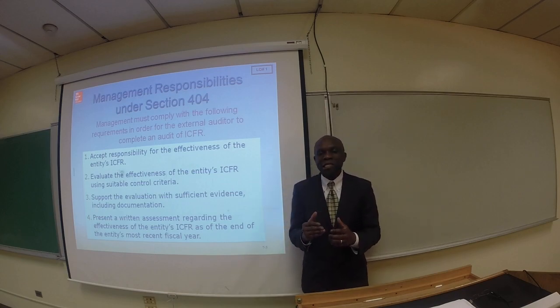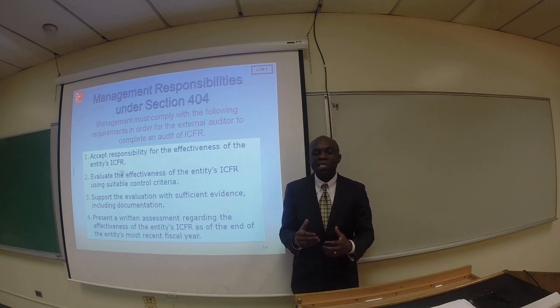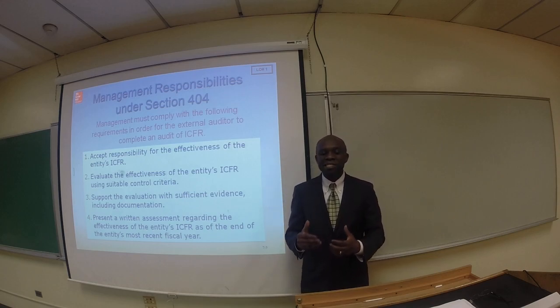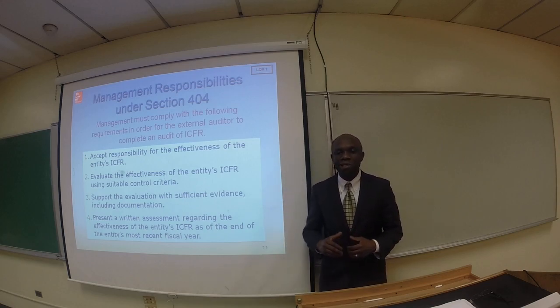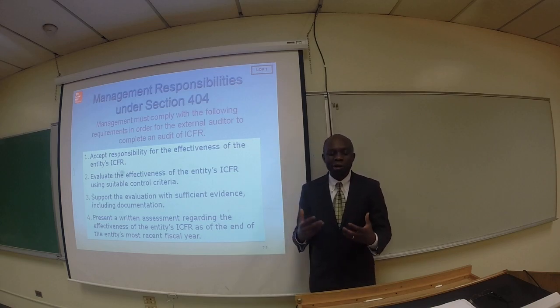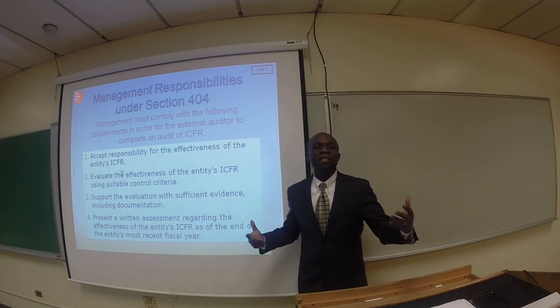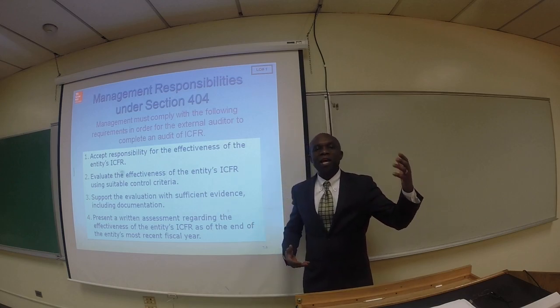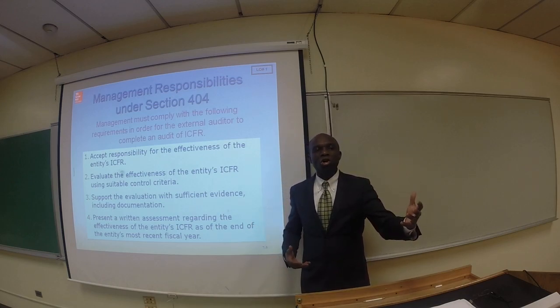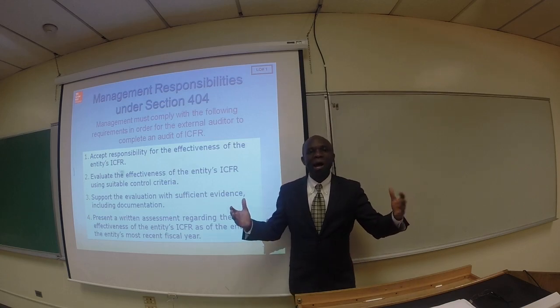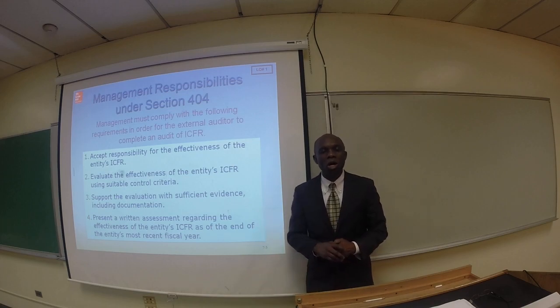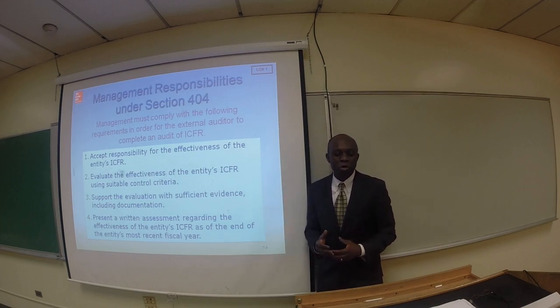Number two, management is also responsible for evaluating the effectiveness of the entity's internal control over financial reporting using suitable control criteria. What does that mean? For example, if you say to me that you had an extremely good understanding of accounting principles when you had your Principles of Accounting 101, the question is, how do we really know that?